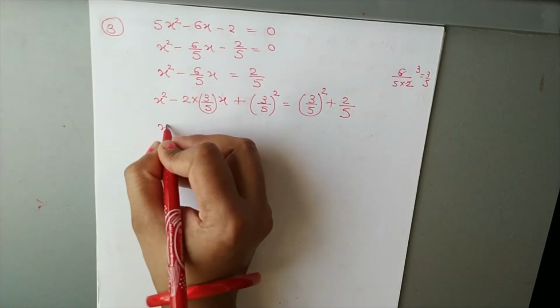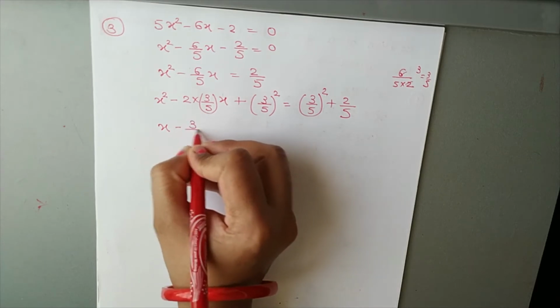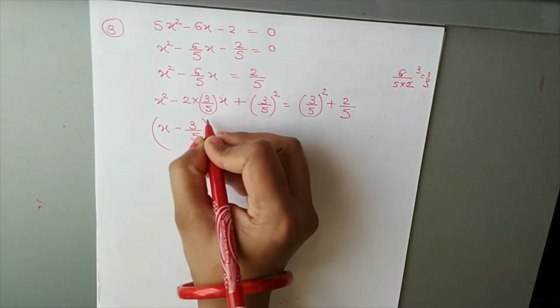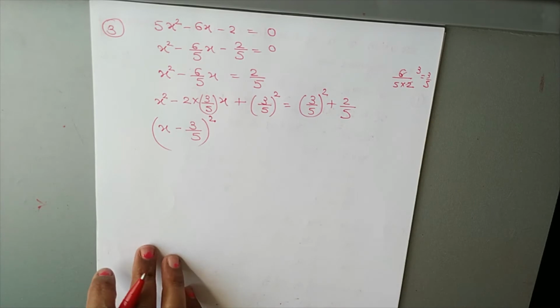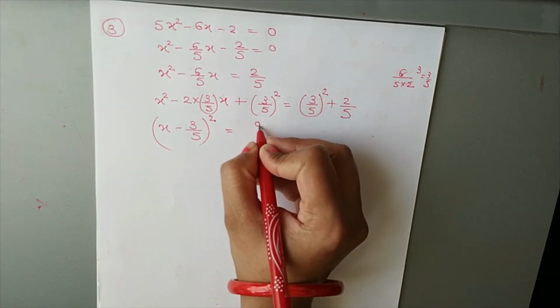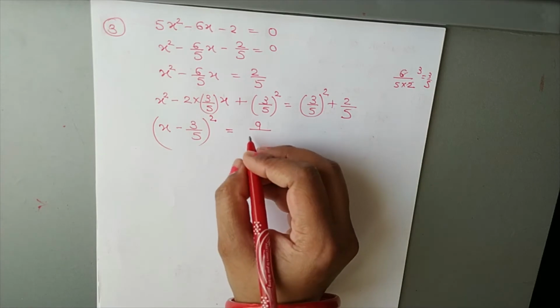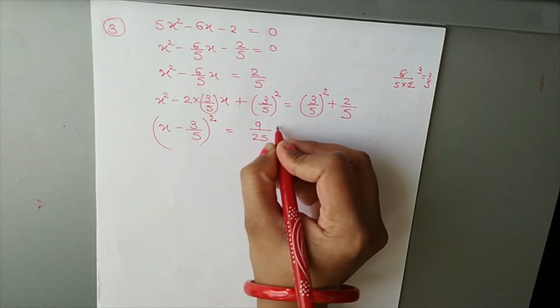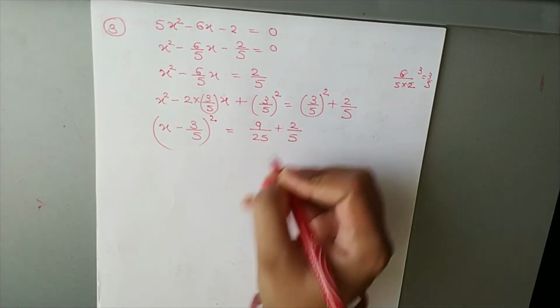So it will be x minus 3 upon 5 whole square, then 3 3s are 9 upon 25 plus 2 upon 5.